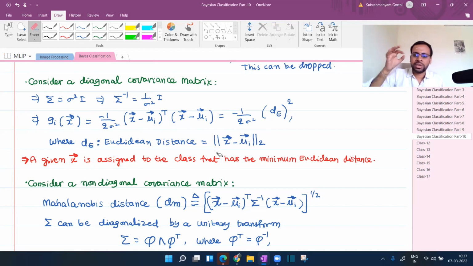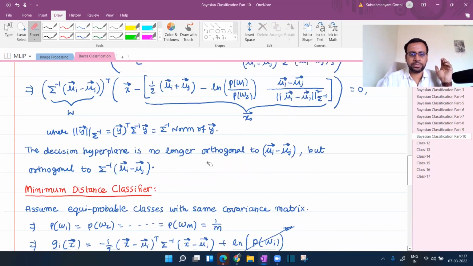All you need to do is, for each mean vector, which will be the same size as your X bar, compute the Euclidean distance and assign it to the class that has minimum Euclidean distance. That's the message here. Any questions or doubts here?